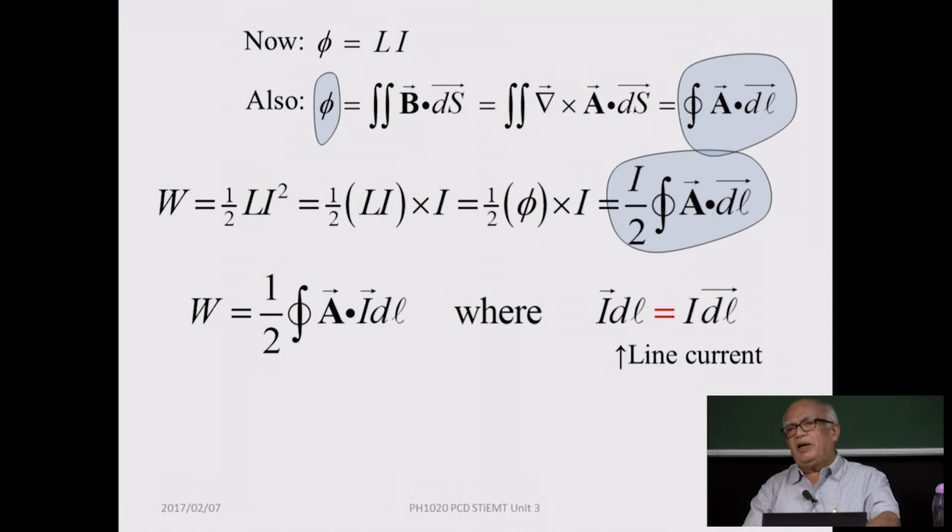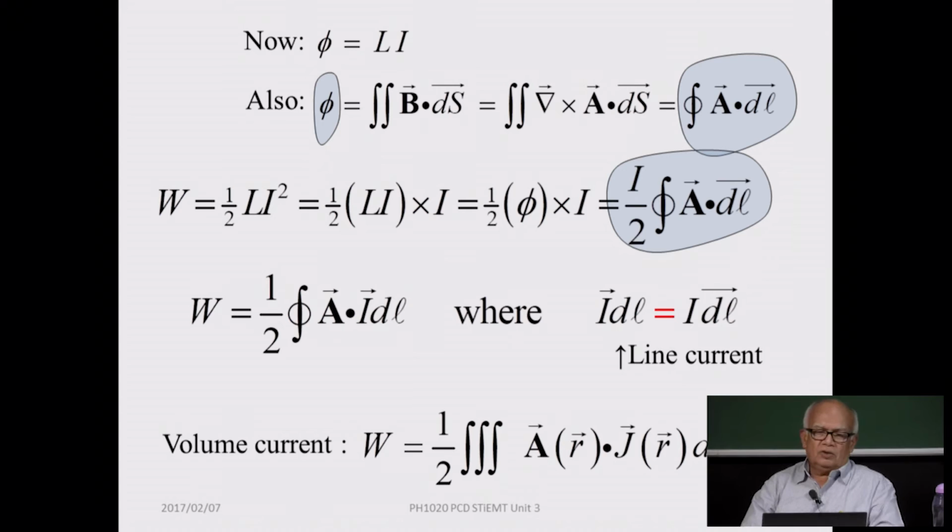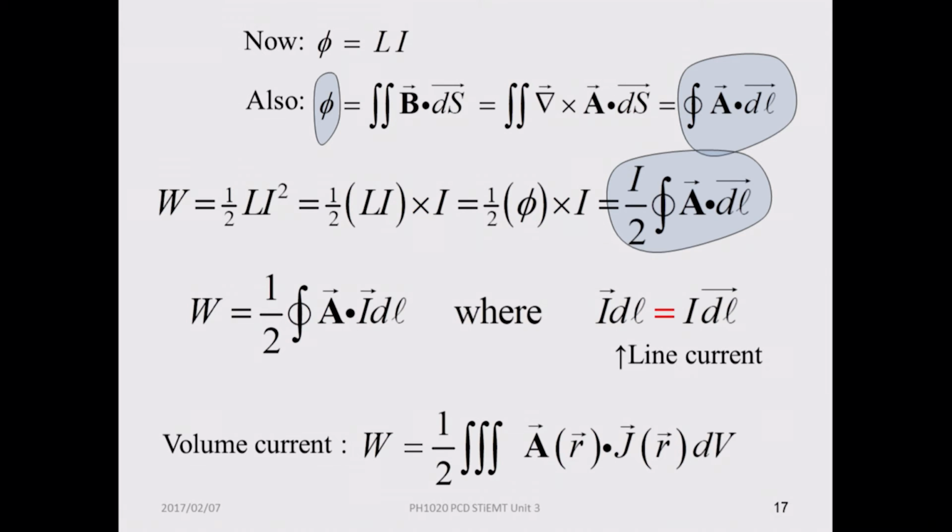But algebraically over here it works. So, the volume current leads to this work done. If you have a linear current, you have I dl. If you have a volume current, you will have a volume integral, and instead of I dl you will have J dV.